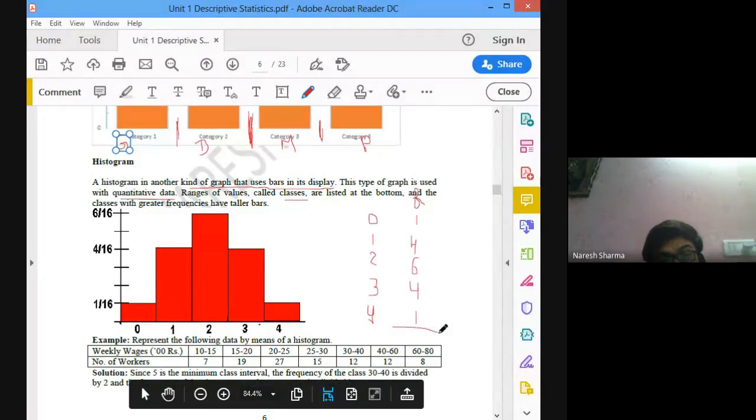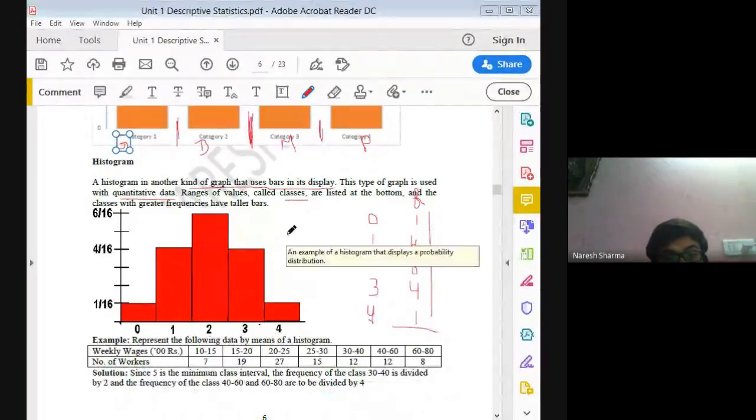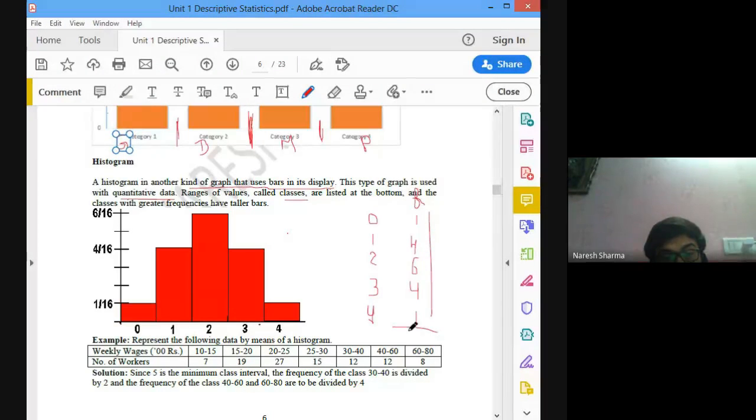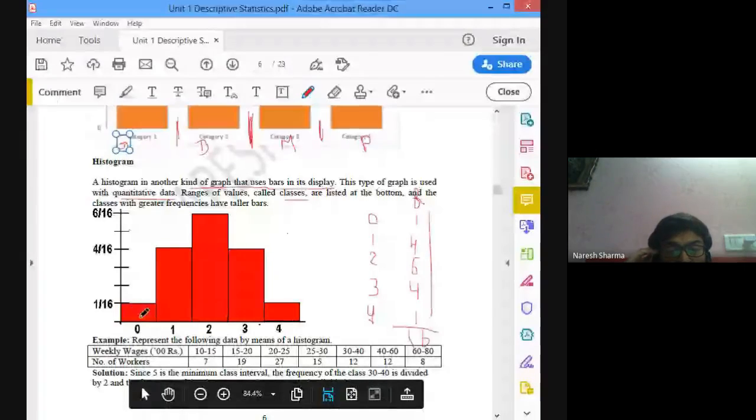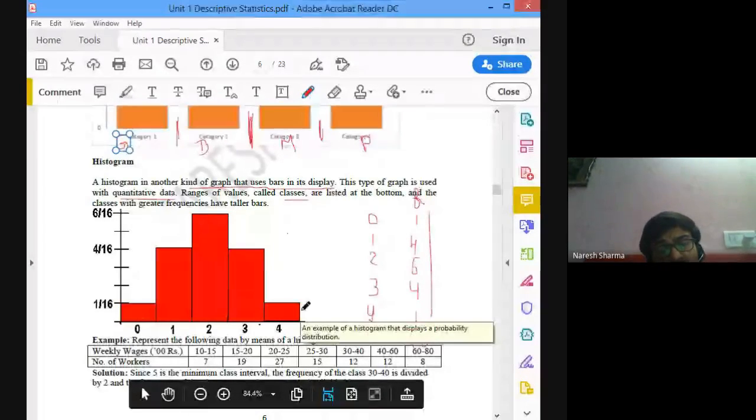If you see here, the total sum of these is 16. So the total frequency is 16. In a histogram, this complete area is called the total frequency, which in our case is 16.